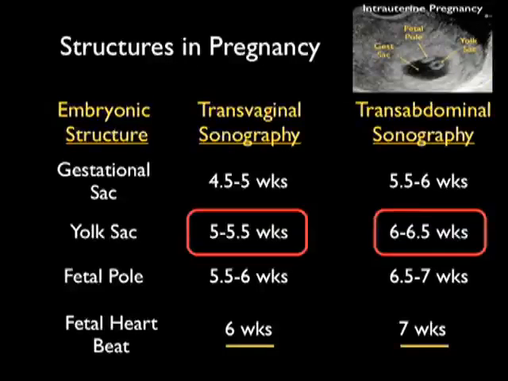And I have this circled in red as this is really the way we diagnose an intrauterine pregnancy. Now note the fetal pole is seen at about 5.5 to 6 weeks on transvaginal sonography and a week later on transabdominal sonography. The last main finding, which is a fetal heartbeat, is seen at about 6 weeks on transvaginal sonography and about at 7 weeks on transabdominal sonography.